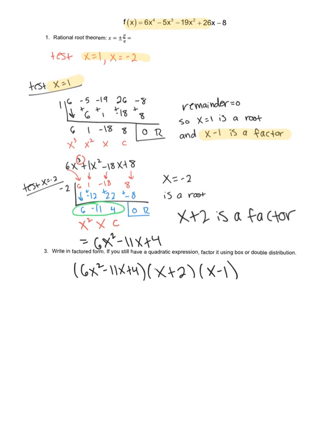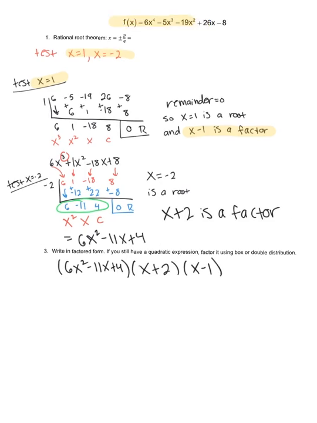My issue though is that all of the factors that I get need to be linear, meaning that I can't have any x squared components. So I'm going to take the x squared component, so this expression here, and I'm going to factor it.